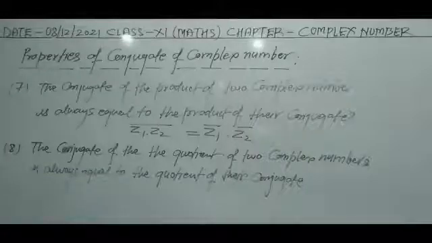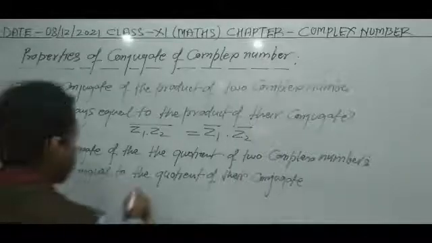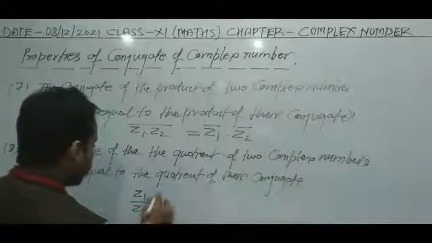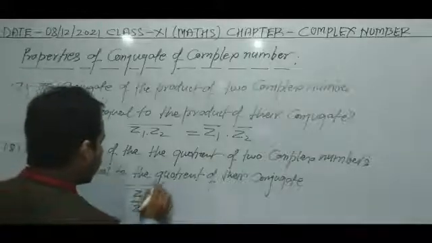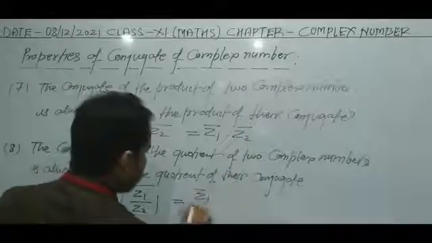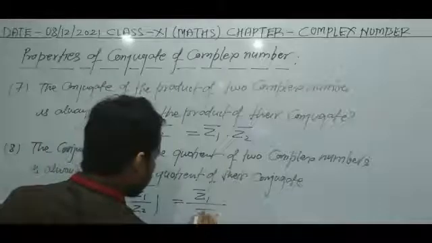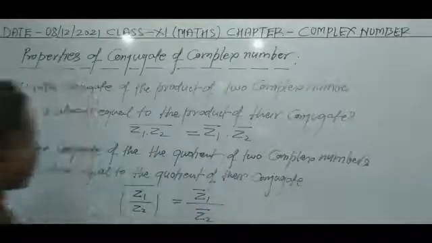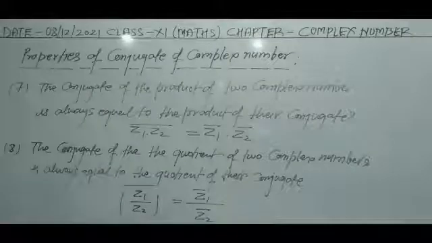So what we can write? We can write conjugate of Z1 by Z2 is equal to Z1 conjugate upon Z2 conjugate. Now this is the formula.